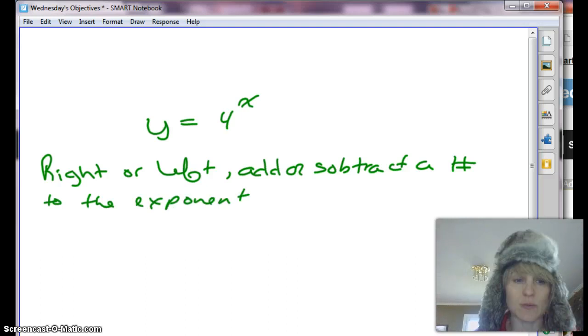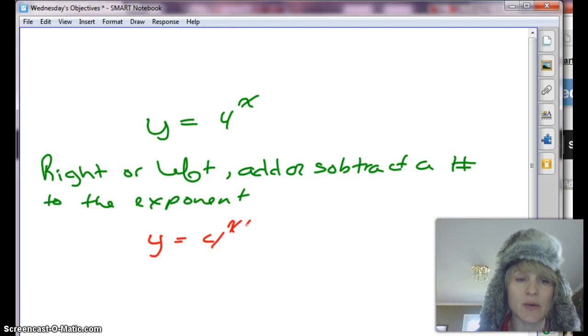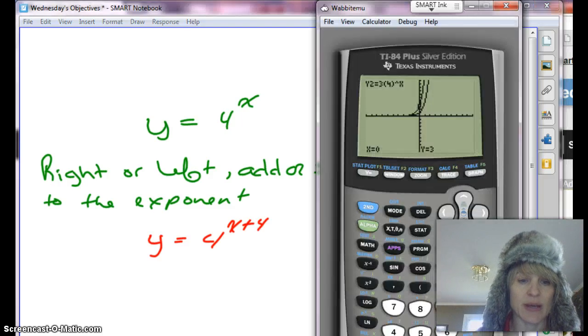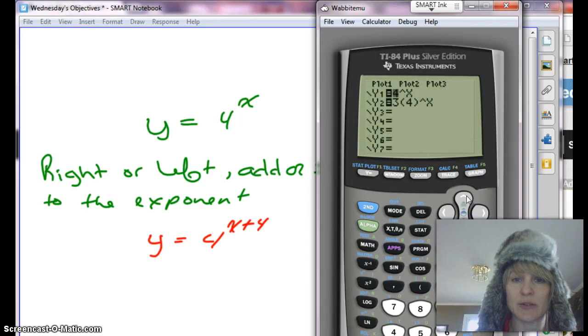Okay, so I'll take my y equals 4 to the x power, and let's just say we put plus 4 there.